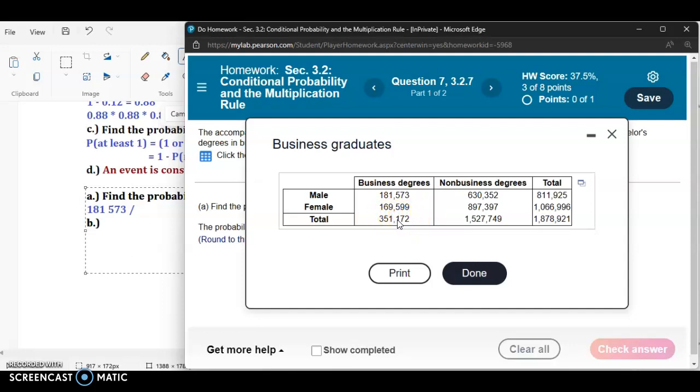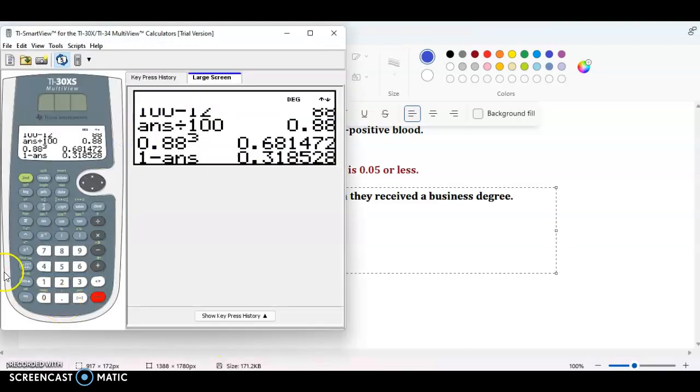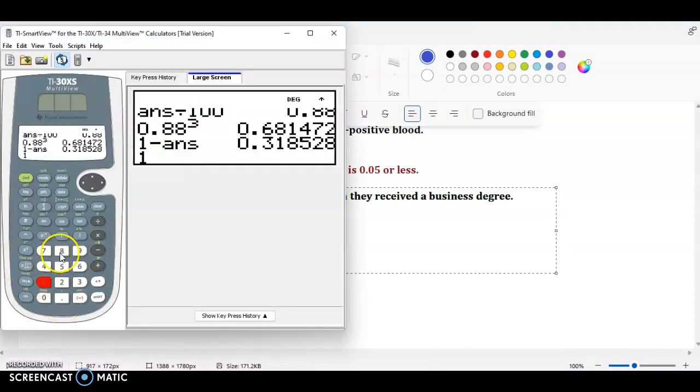So to get the answer, we take the number of males who have business degrees, which is this number here, and then divide by the total number of students with business degrees only, 351,172. That's going to be your answer. So we can go ahead and put that in our calculator. 181,573 divided by 351,172.